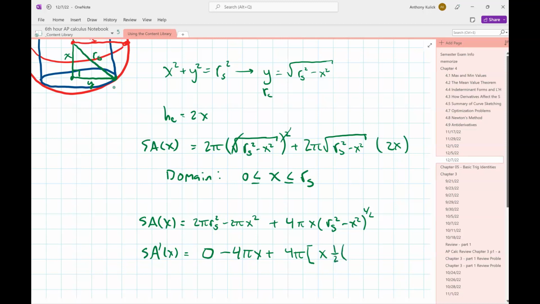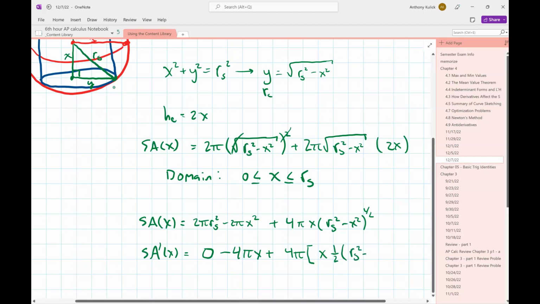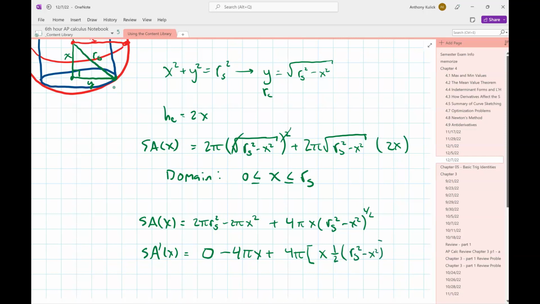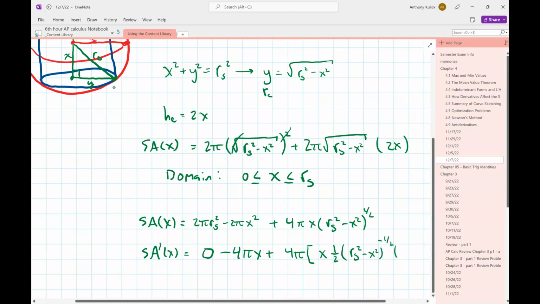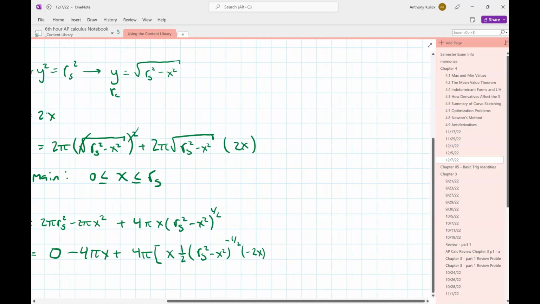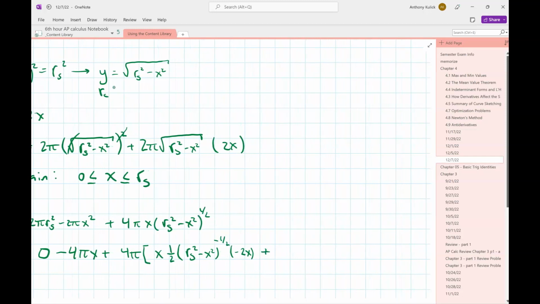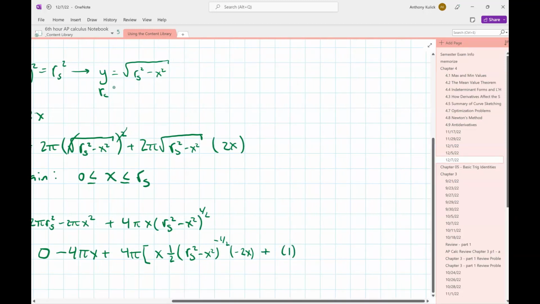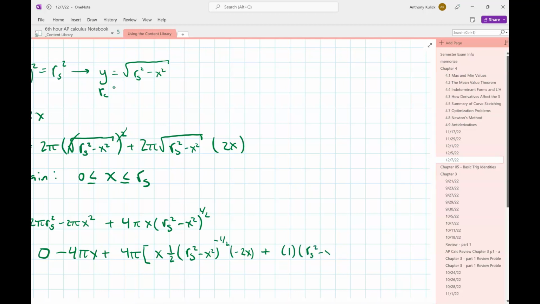So 1/2 r squared minus x squared to the negative 1/2 times negative 2x. And then plus the derivative of x times r squared minus x squared all square rooted.